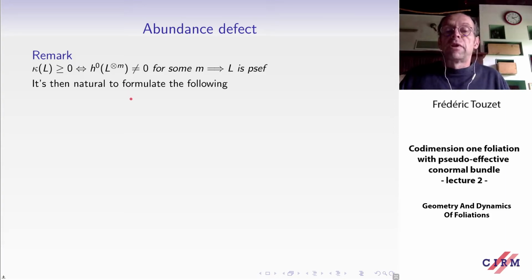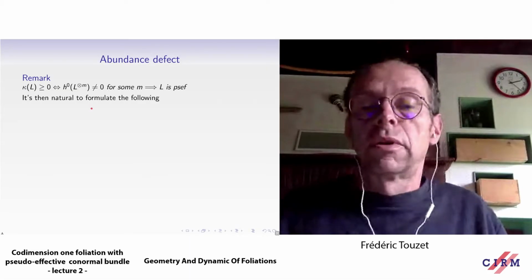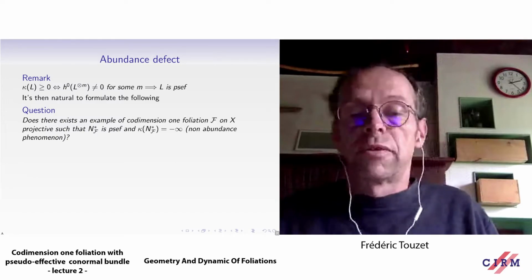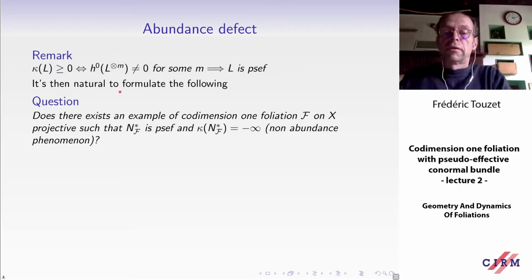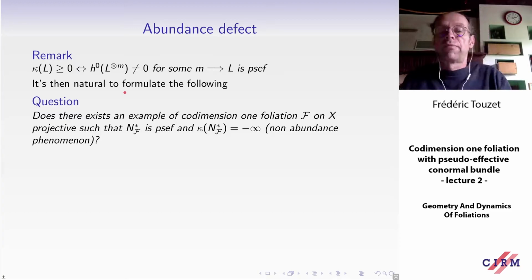And from these observations, it is natural to formulate the following question. Does there exist an example of a codimension 1 foliation which violates the abundance principle?